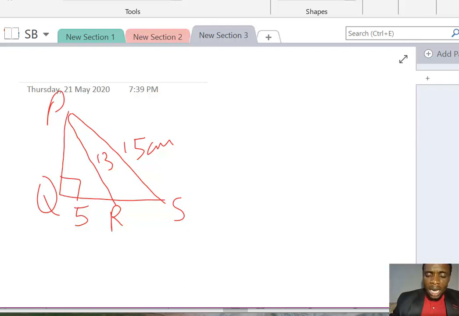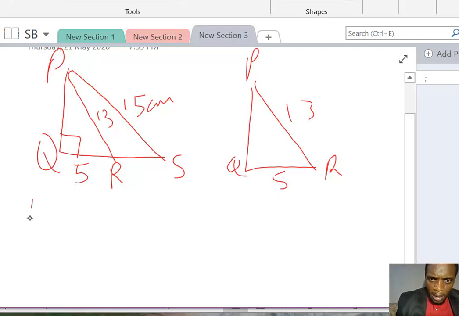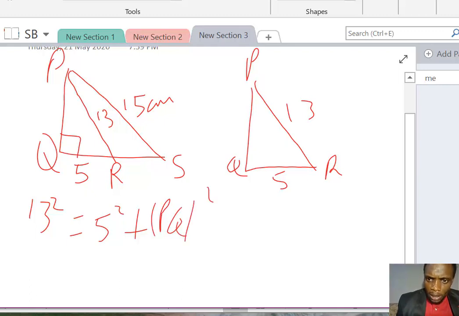So considering triangle PQR, we have the hypotenuse side as 13, the other side is 5. So following the Pythagoras theorem, 13 squared will be equal to 5 squared plus this PQ squared. So 13 squared is 169.